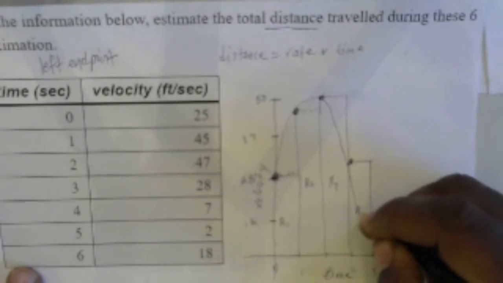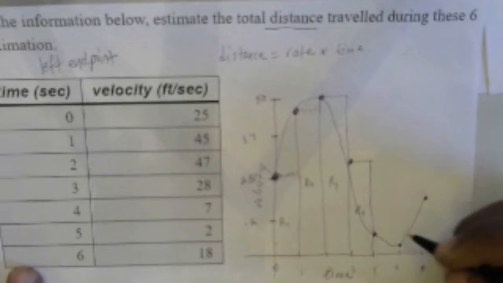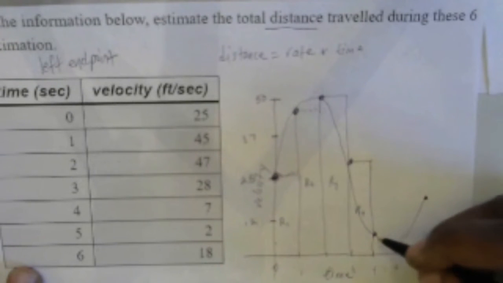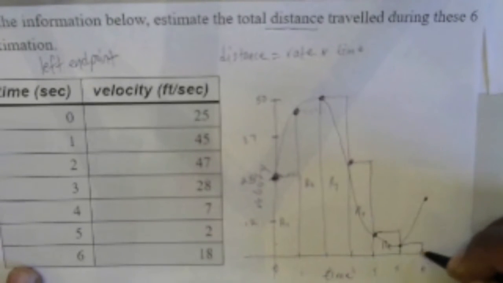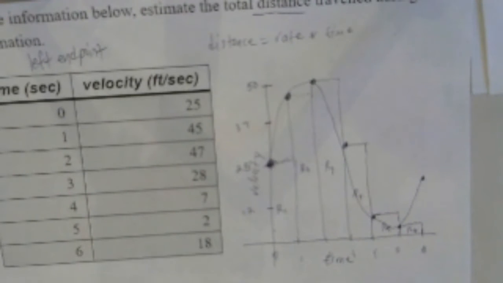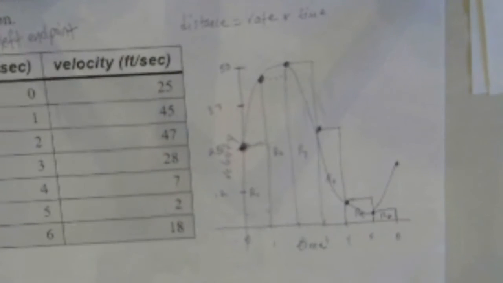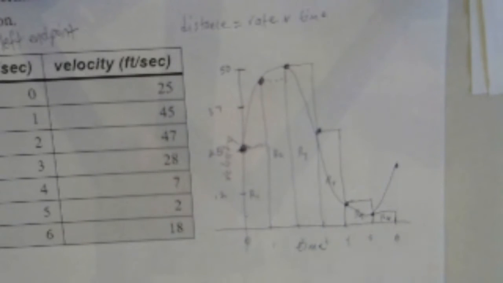I'm going to just sketch the rest of these things out. This is R5 and then R6. All right, so I'm sketching out my rectangles.